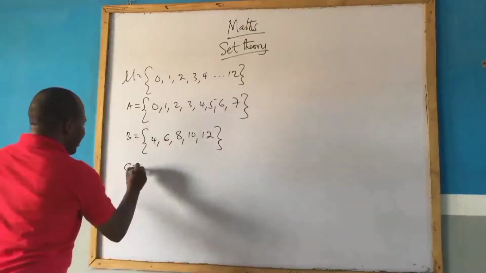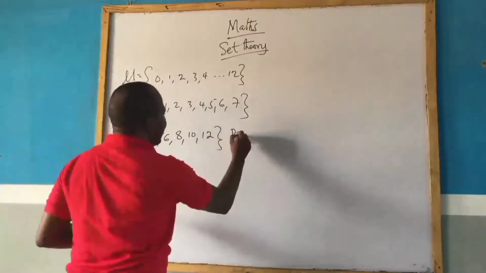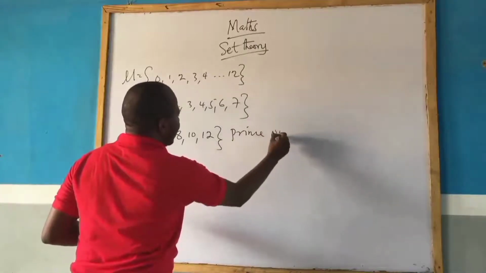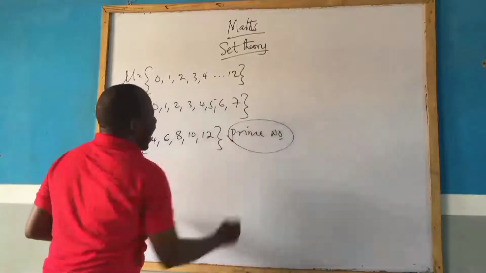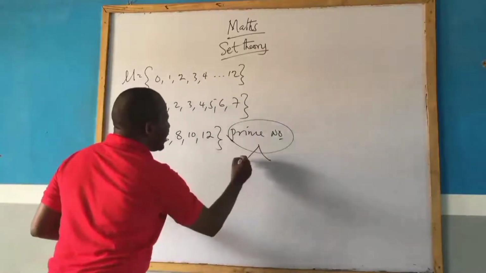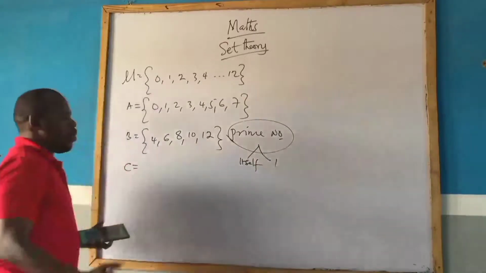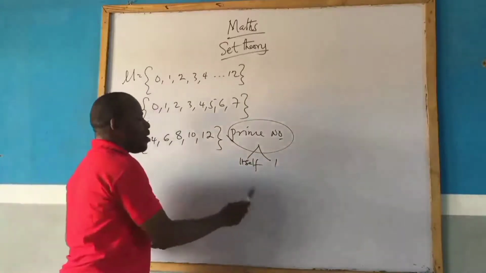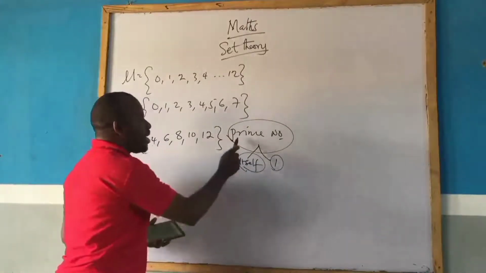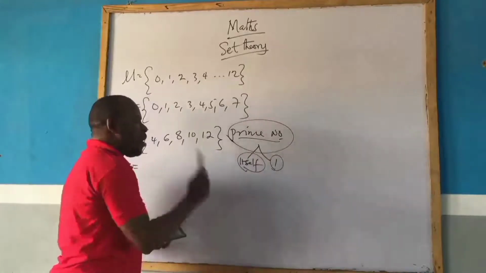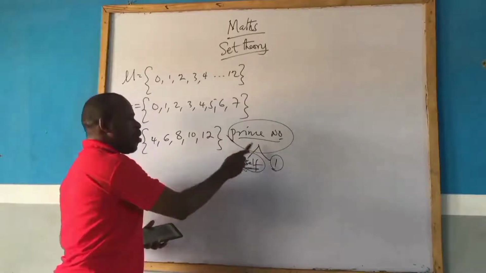Then C. Now, in C, there is a question there. They said prime number. Now, you should note something, that prime numbers are numbers that are only divisible by itself and 1. What am I saying? Anytime you have a number that only 1 and itself can divide, that number is a prime number.